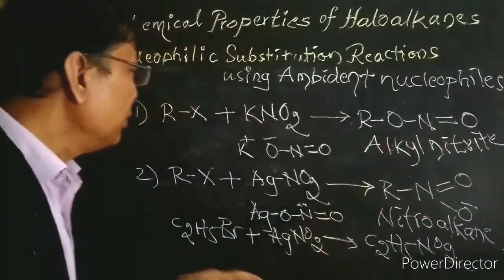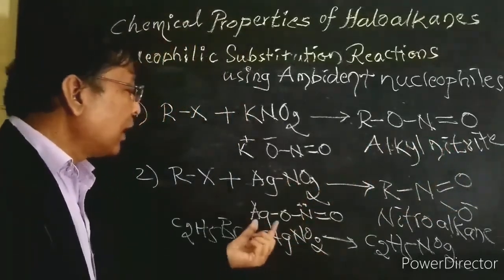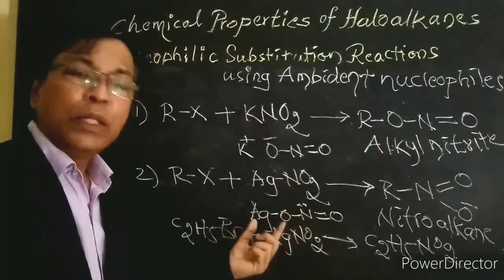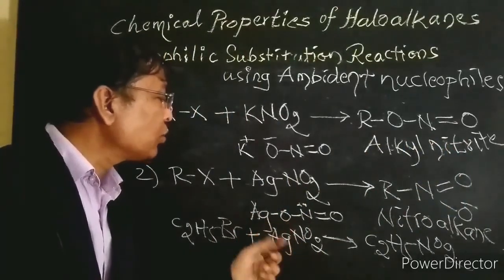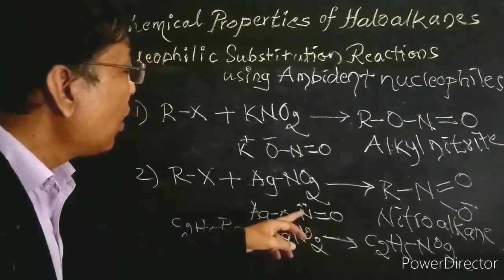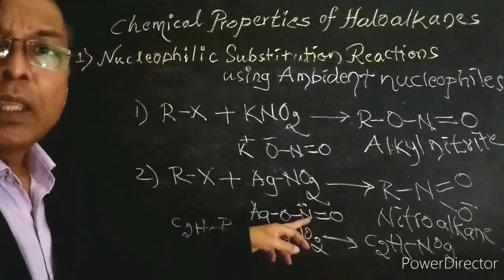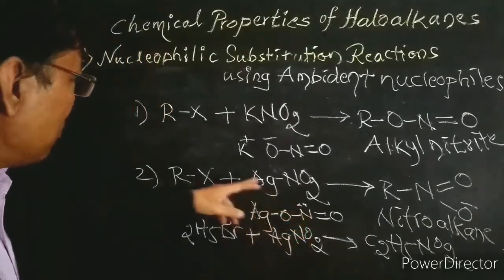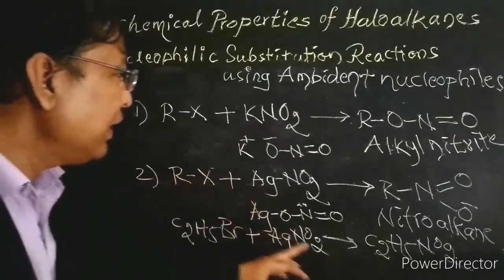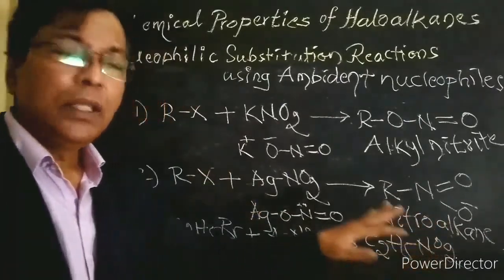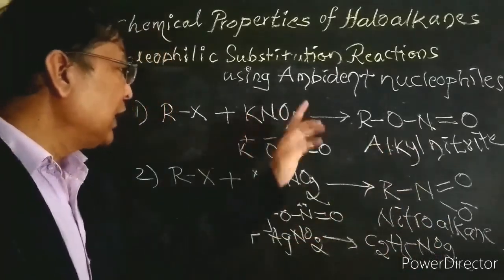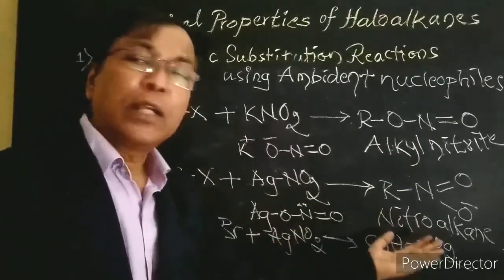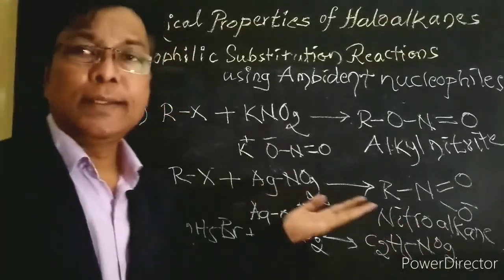If you use AgNO2, the AgNO2 compound is a covalent compound. The bond between Ag and oxygen is very strong. Therefore, the nitrogen forms the bond with alkyl group giving nitroalkanes. In this way, we get nitrites if we use KNO2 and we get nitroalkanes if we use AgNO2.